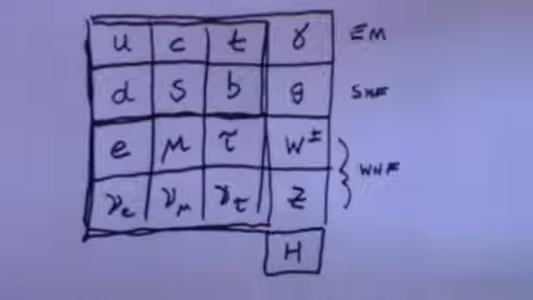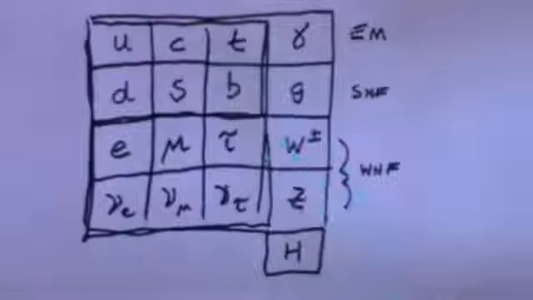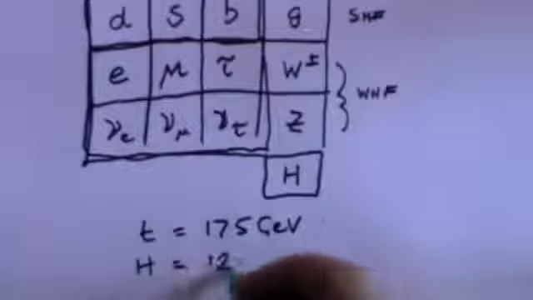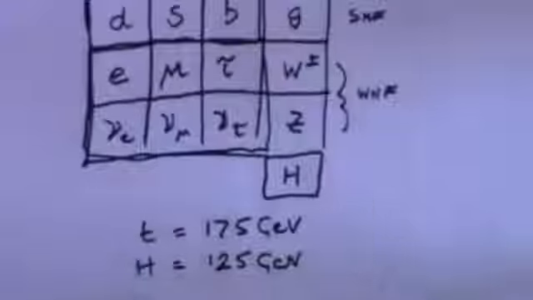So the suggestion is that maybe these supersymmetric particles have not been found because they are more massive than the particles in what we understand to be the Standard Model. Now, the most massive particle we have so far found is the top quark, which is approximately 175 GeV. The Higgs, which was recently found, is 125 GeV, and we needed the Large Hadron Collider to find that.